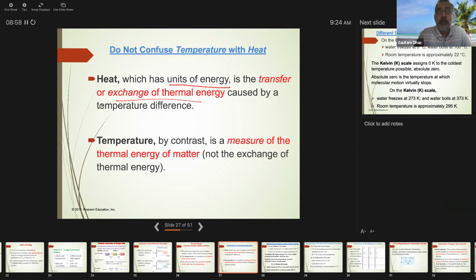If we know the temperature difference and how much matter is there, we can calculate the amount of heat that is getting transferred. Temperature, by contrast, is a measure of the thermal energy, not the exchange. It's the average, how fast the molecules are vibrating. That's it.